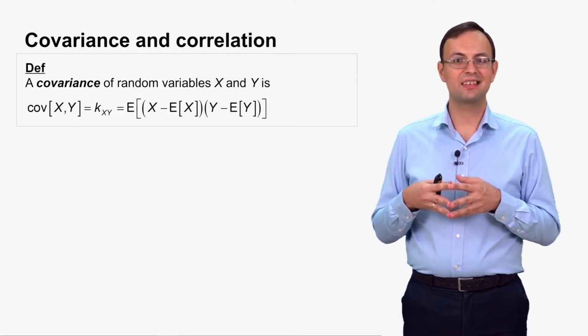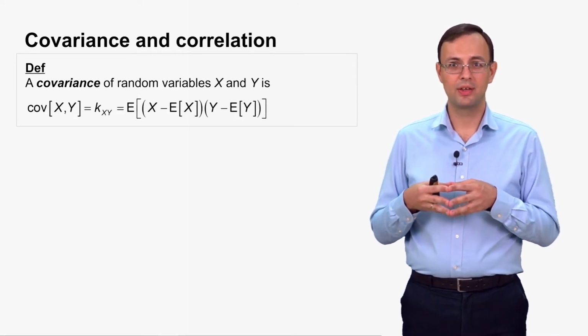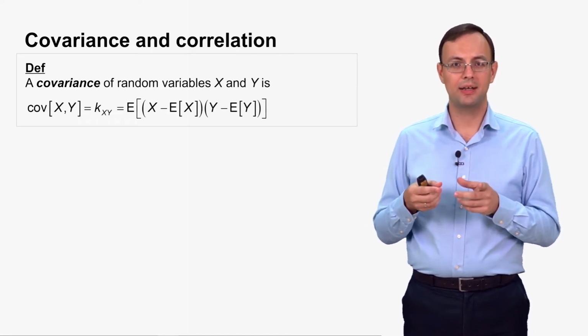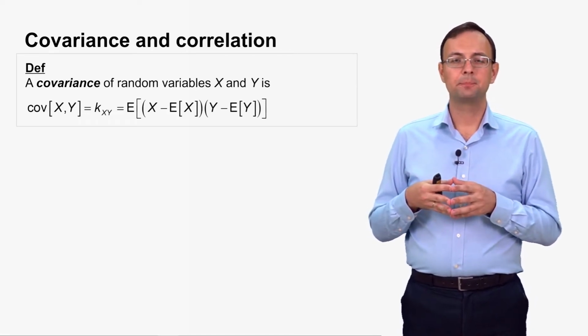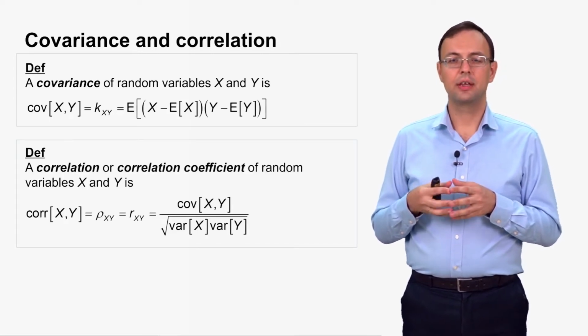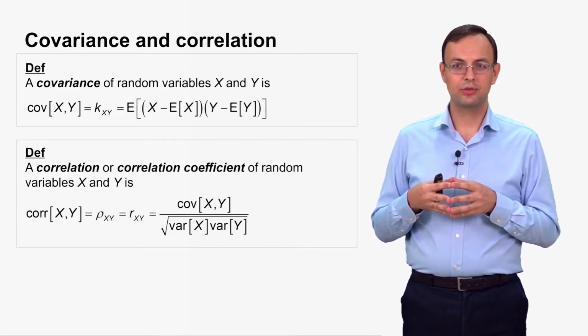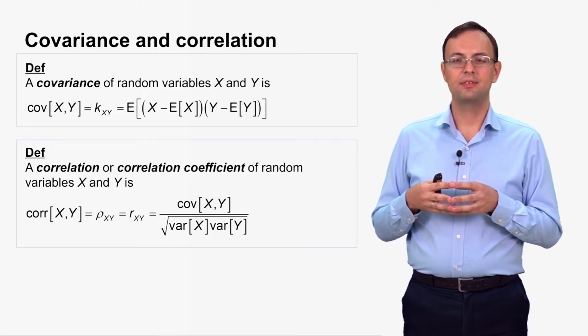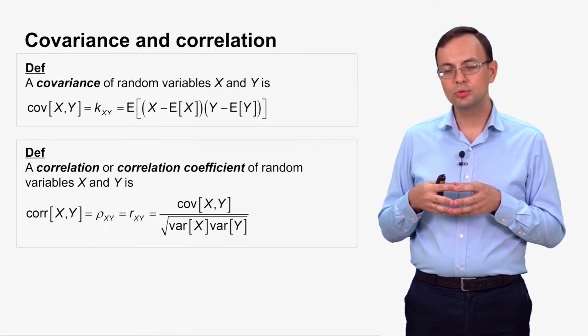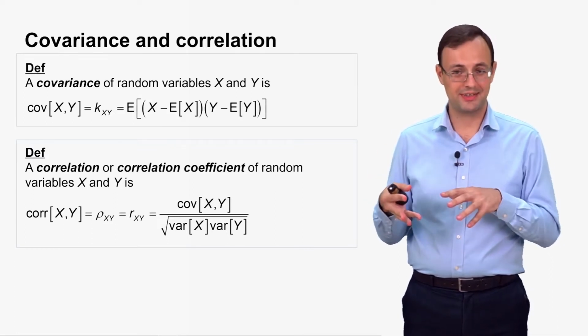This is the expected value of x minus ex times y minus ey. And a correlation or correlation coefficient is defined as covariance divided by the square root of the product of variances.